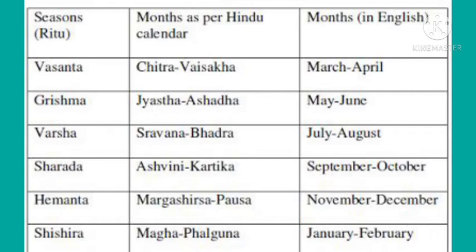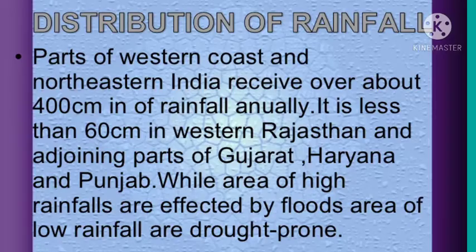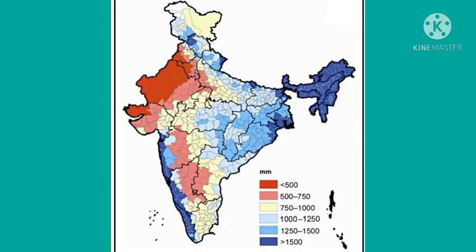And if we talk about the distribution of rainfall, as the Indian climate basically depends on the monsoon, what is the distribution of rainfall in the different areas? The average rainfall in India is 125 centimeters, but it has great spatial variations. Some areas are the highest rainfall areas, receiving more than 200 centimeters.